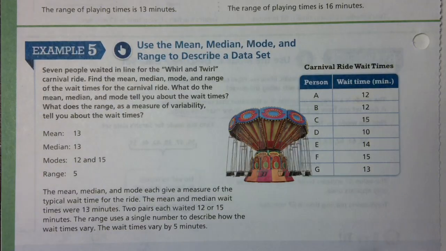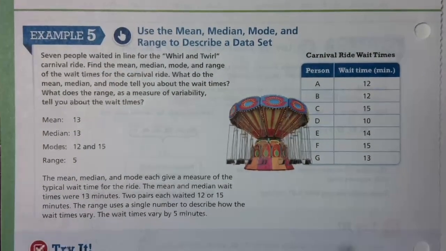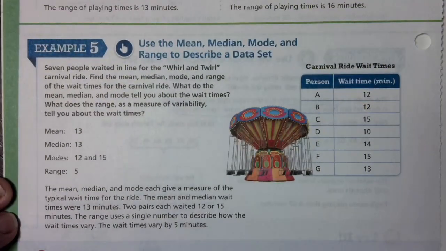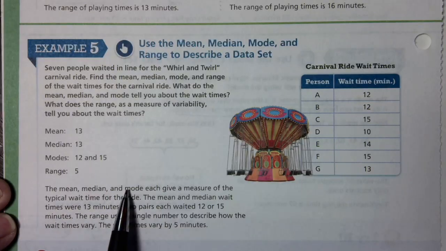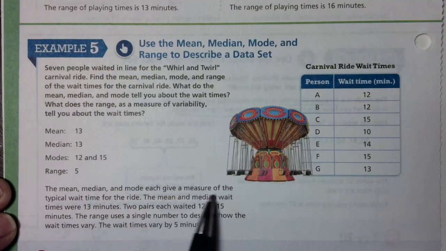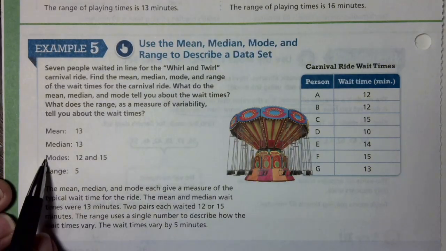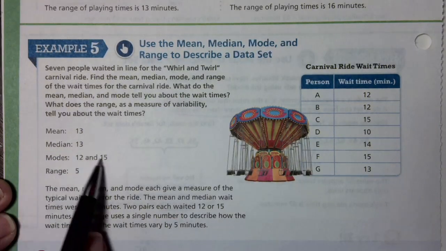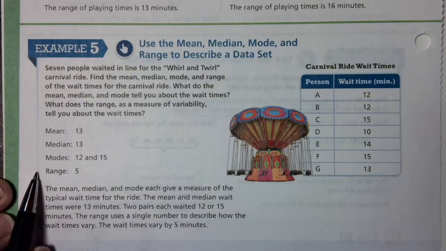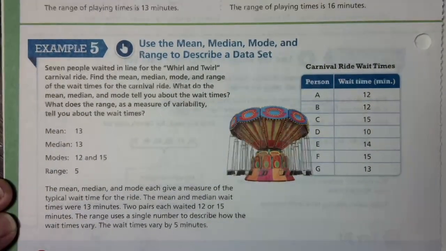Okay, so they're going to teach you how to describe it. Now look at what they say right here. The mean, the median, and the mode each give a measure of a typical wait time for the ride. See how these are all pretty close in size. The range is totally different. The mean and the median wait times were 13 minutes.